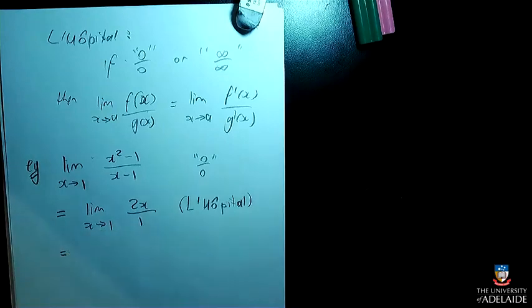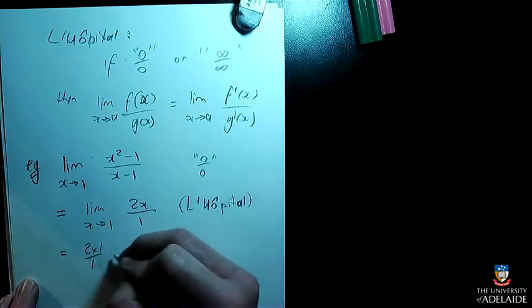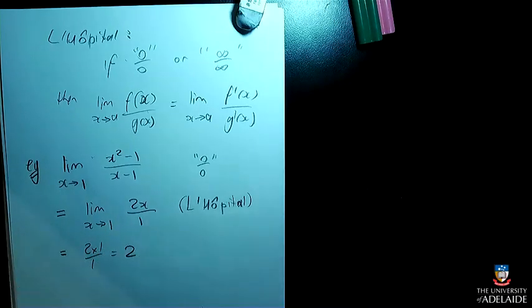And then, don't try and do any more L'Hopitals. Look at what you've got and make a decision. And say, aha, well, I can sub x equals 1 into that, and it'll work. And so the limit is 2. Okay?